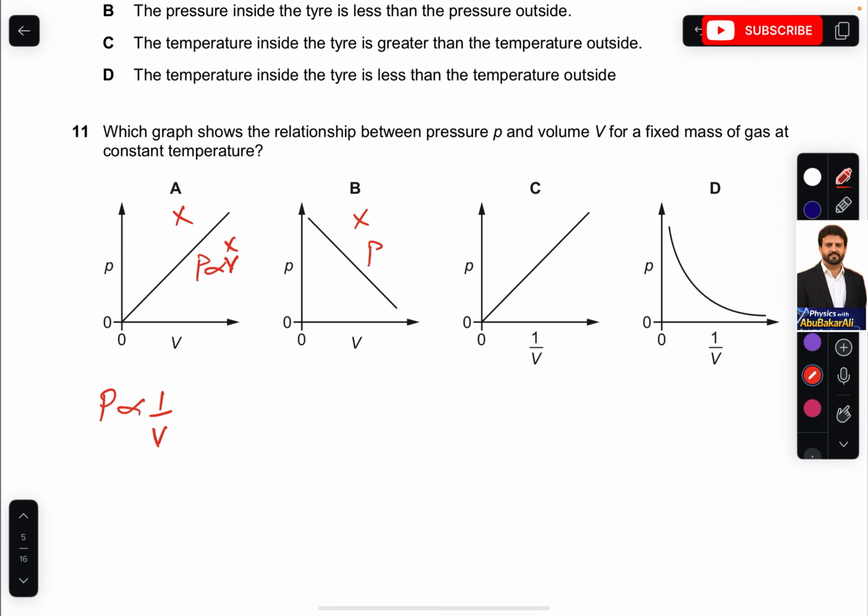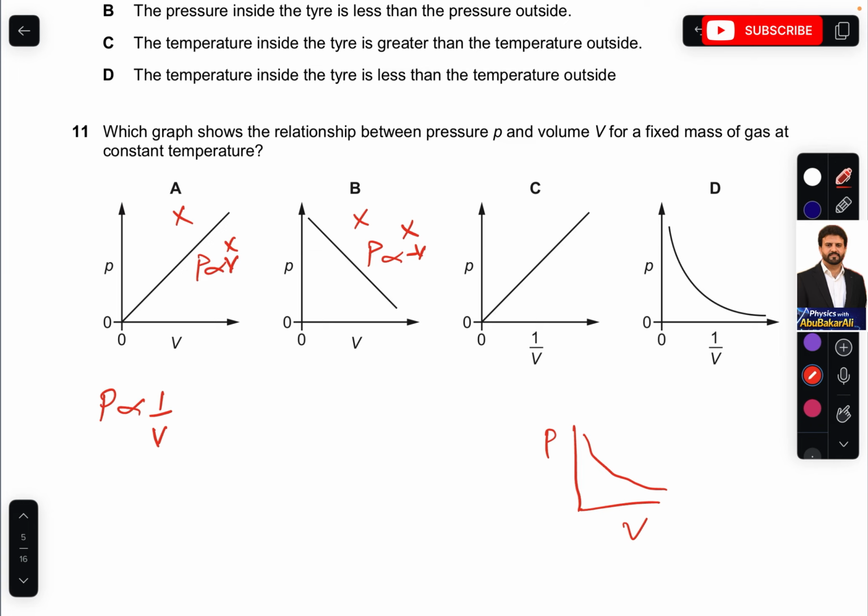This is showing P is proportional to minus V. That is also not correct. Okay, that is also not correct. The B. The C option is correct. Why? If you just plot P and V, the graph will look like this.